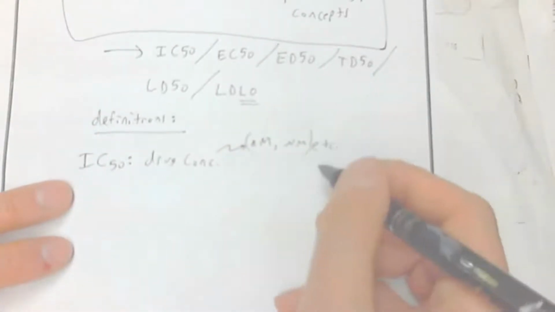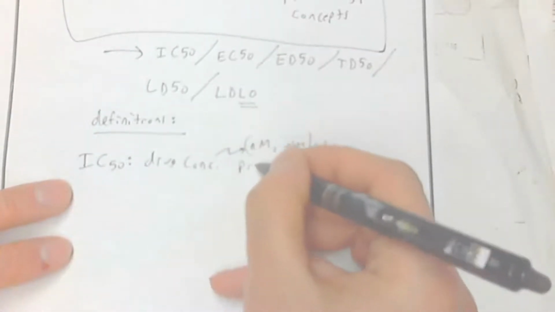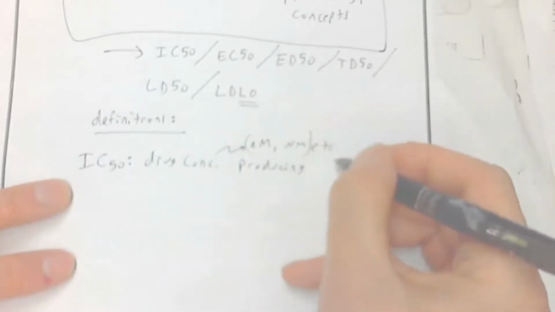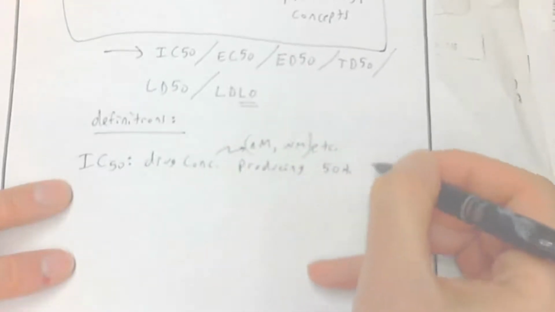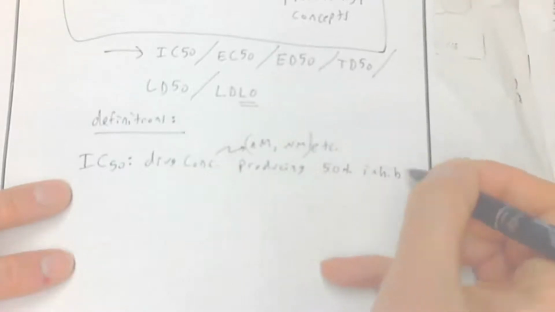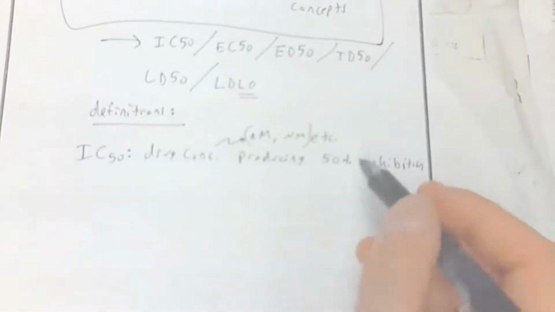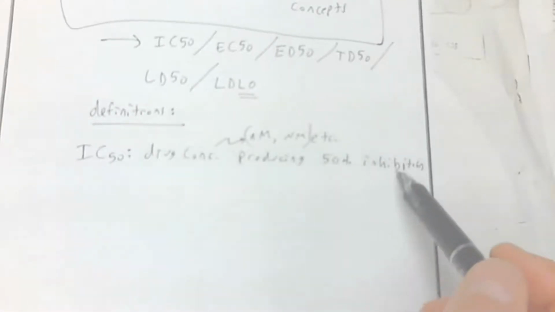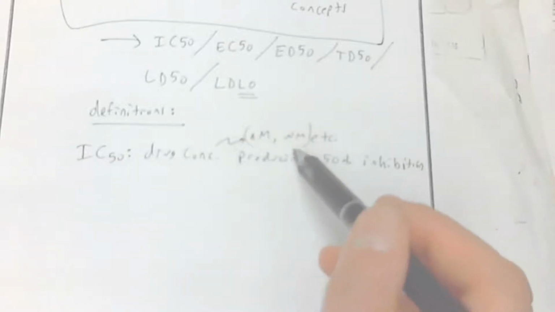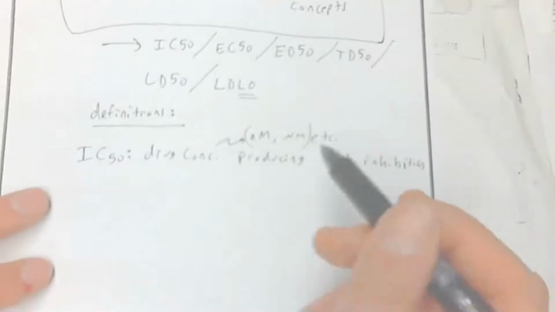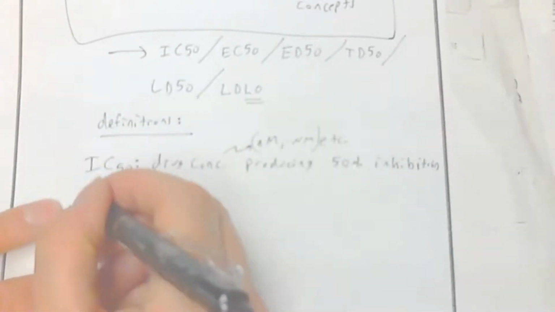Drug concentration producing 50% inhibition. For most drugs, we want it to be a low value, so low nanomolar, maybe low micromolar, to be potent, right? Okay. So how does that differ from EC50?